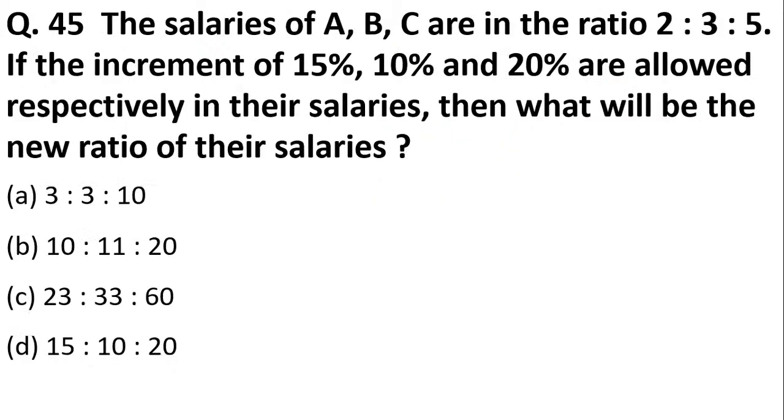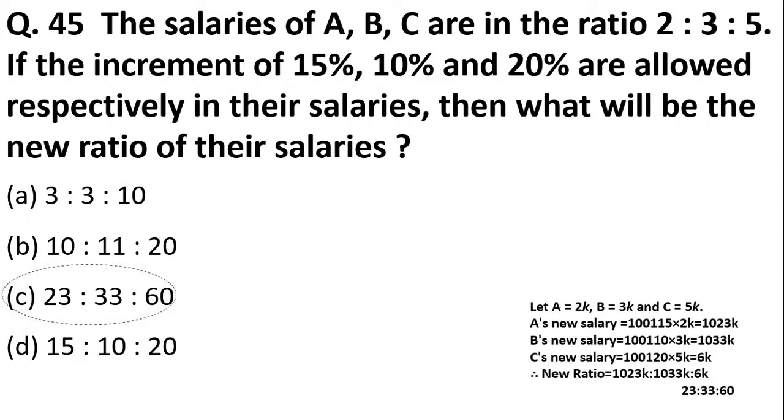The salaries of A, B, C are in the ratio of 2 is to 3 is to 5. If they get increment of 15, 10 and 20%, what will be the new ratio in their salaries? So first I'll tell you the answer. The answer is C. We will have to assume that their salaries are 2K, 3K and 5K. Okay.